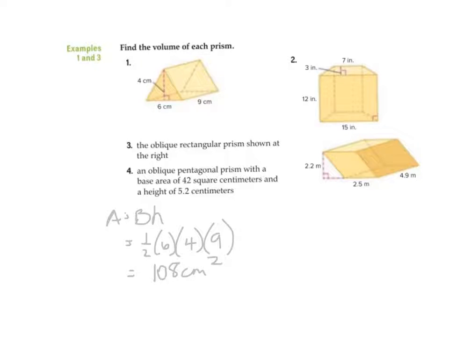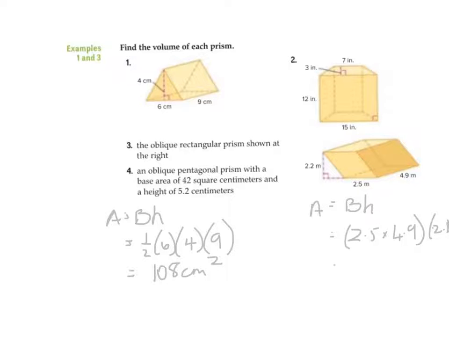Alright, so let's have a look at one of these oblique prisms. Let's have a look at question number 3. The formula still stays the same: the volume equals the area of the base times whatever the height is, and don't forget, perpendicular height. The area of the base in this diagram is going to be 2.5, and you're going to multiply that by 4.9, and then multiply that by 2.2, which is what they've given you.